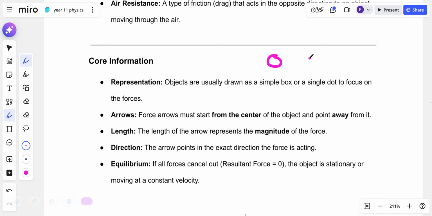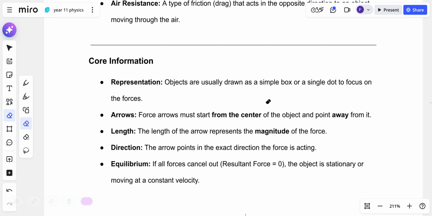Or even a simple dot will do. It's fast and you're just not trying to draw a diagram of a car or something. So the object that you're looking at, whether it's a person, a car, a bike, just draw a square or a circle or a dot.